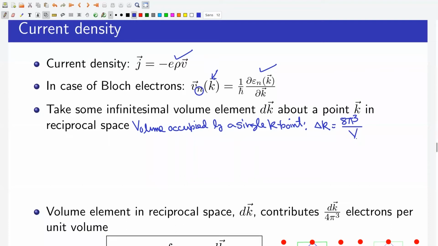Now, consider a volume dk about a point k in reciprocal space.